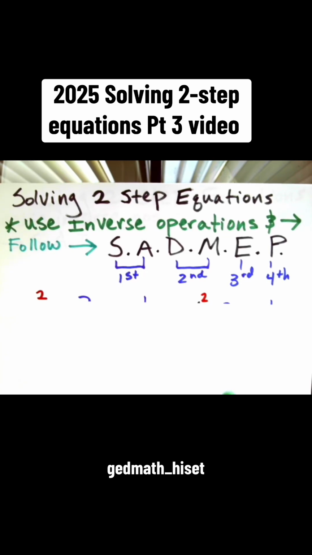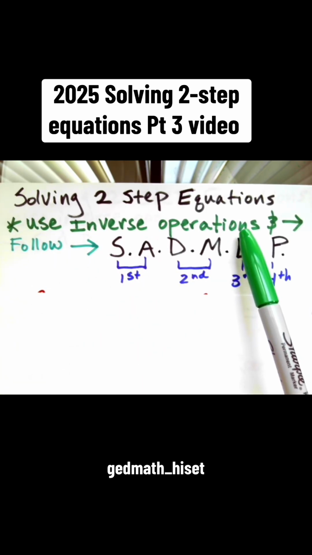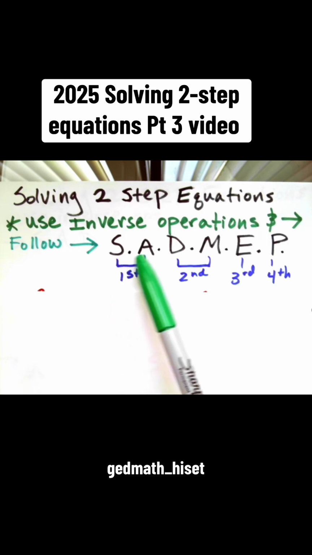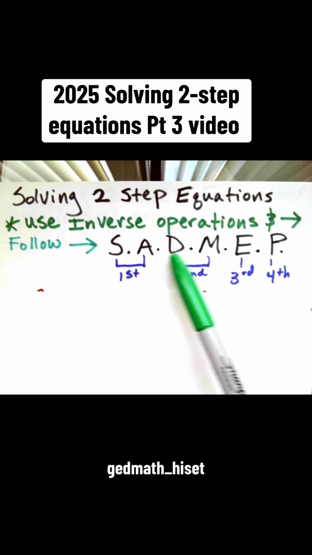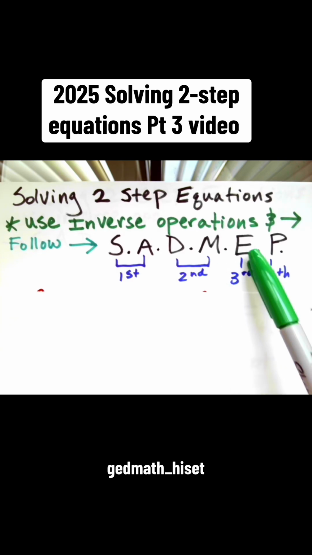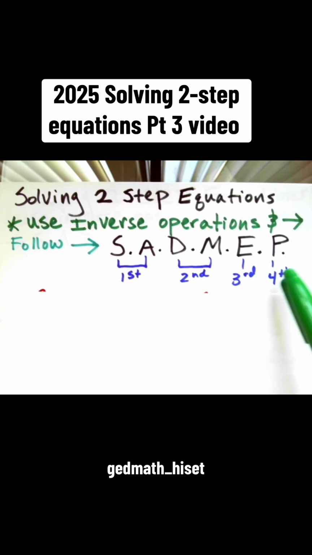And now you can see here, again, use the inverse operations and follow inverse of adding or subtracting first. Then the inverse of dividing or multiplying. Then third, you can focus on the exponents, and then finally the parentheses. And so you want to go in that order there.